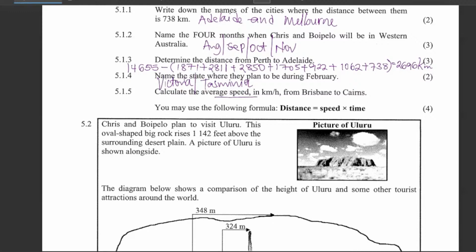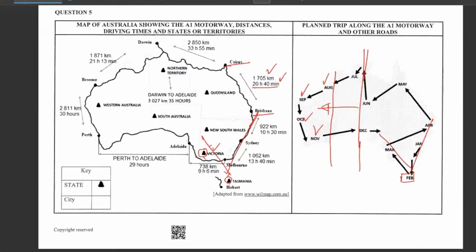That's why we remember the triangle to make our life easy. So speed equals distance over time. I'll make sure the distance is in kilometers and the time fully in hours. Let's go there. I will do it from here.